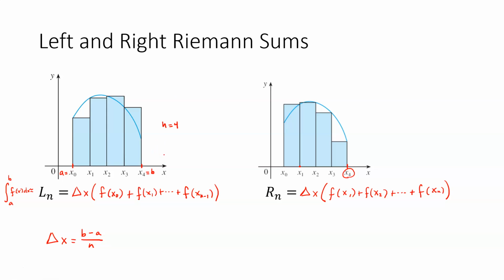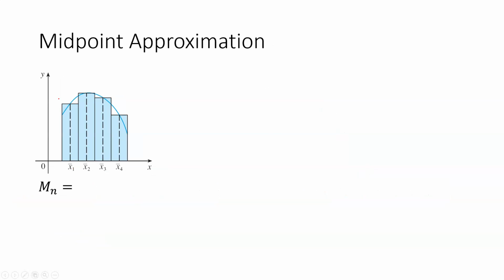So one way to kind of correct the error a little bit is, instead of using left or right Riemann sums, we can try a different technique. And here we can look at using midpoints. Notice that in this case the error appears to be a lot smaller because for each rectangle, part of the rectangle will be above the curve, which is over approximating, but another part of the rectangle will be under the curve, which is under approximating, and so that tends to balance out a little better.